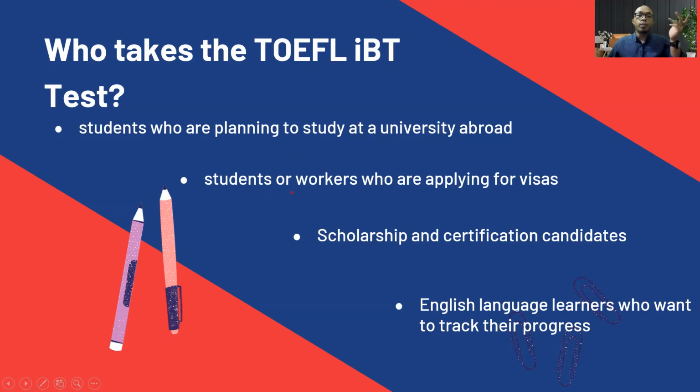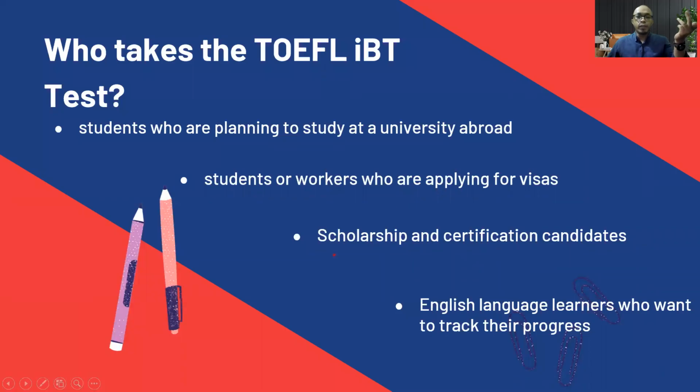And it is also common for students or workers, professionals, who would like to work abroad or who would like to stay for a considerably long time in an English-speaking country such as America. They will require you to show your English proficiency proof if you would like to apply for the visa.